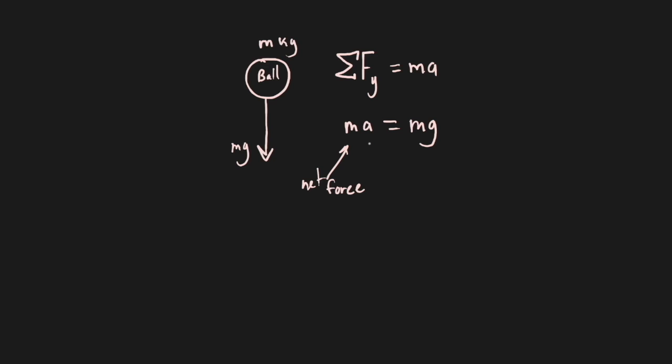As you can see, on both sides we have an m, so we can cancel out the m, and we will be left with a is equal to g. In other words, the acceleration of the ball is affected by gravity alone, so it's independent of mass. Mass in this case is just a coefficient of what's happening from a force point of view.